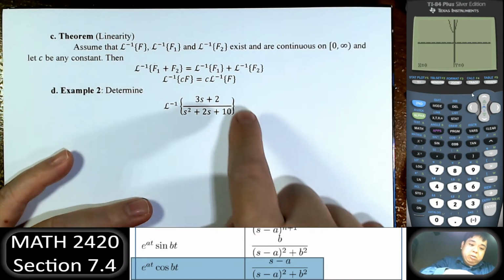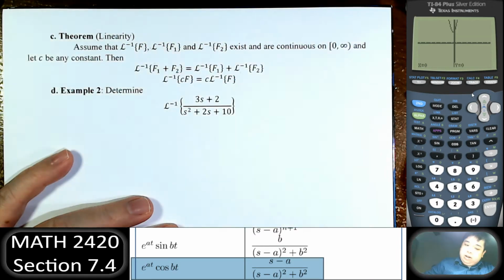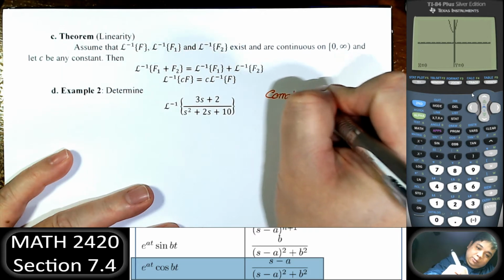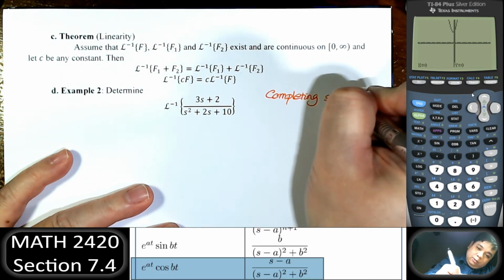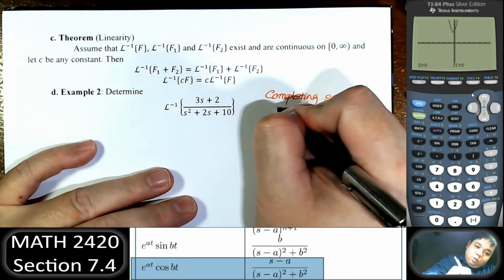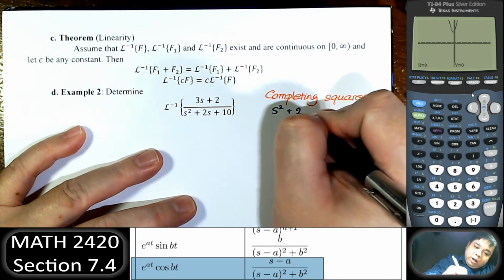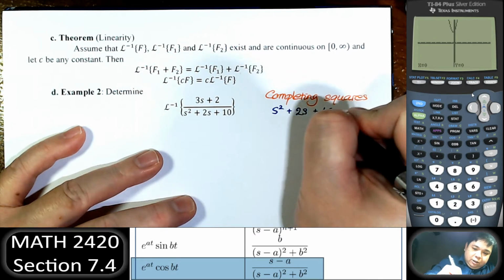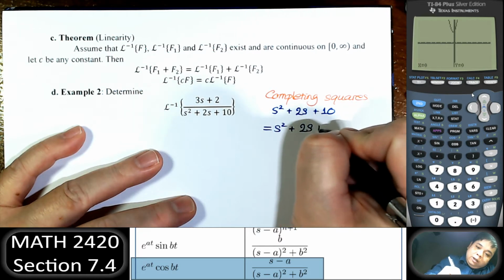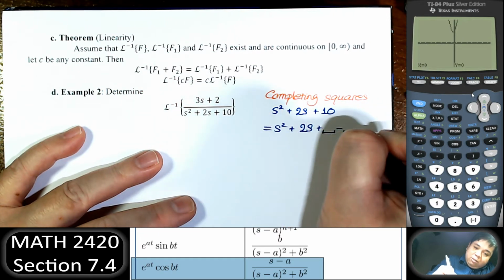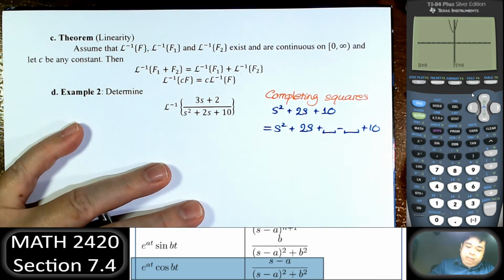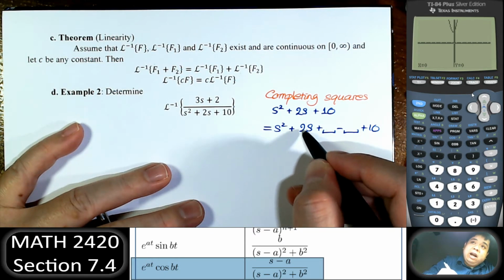So what we do here is completing the square. S squared plus 2s plus 10. Add something, subtract something, and that something is half the middle term, squared.